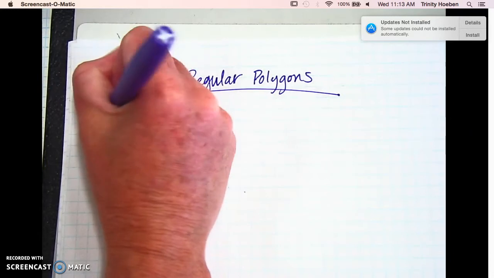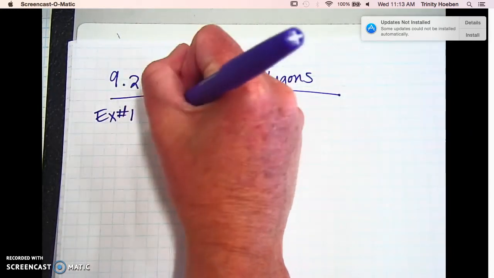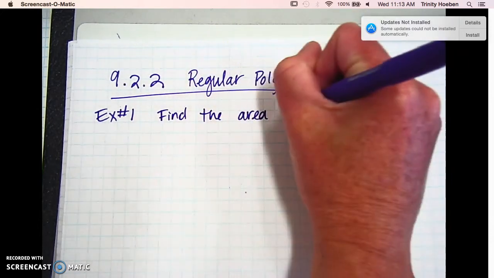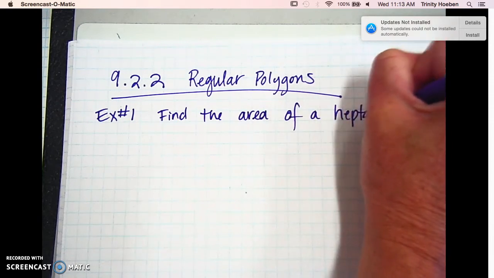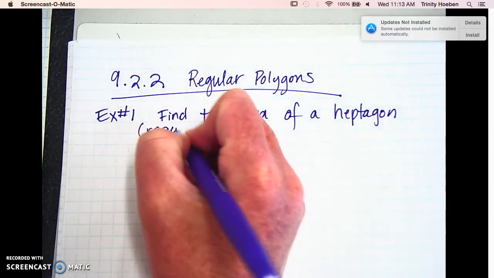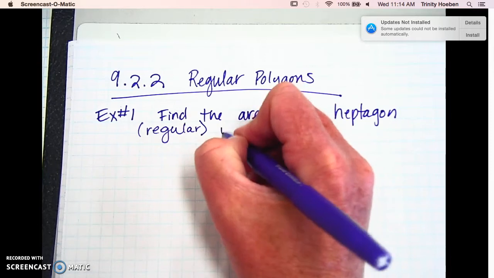So let's start with a heptagon. So we're going to find the area of a heptagon. And that heptagon is regular, and I'll explain why that's important in a minute.